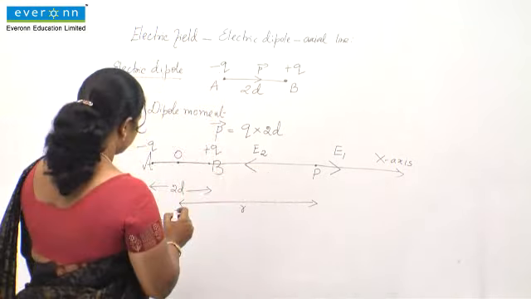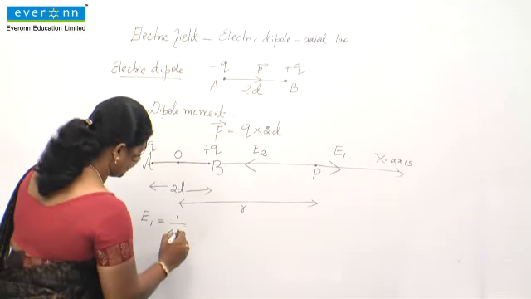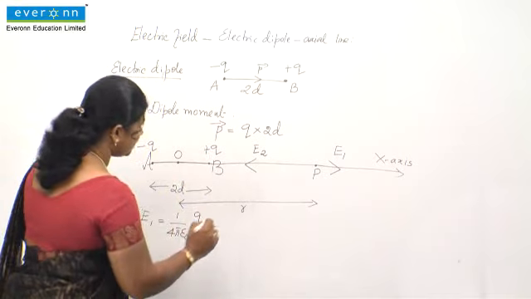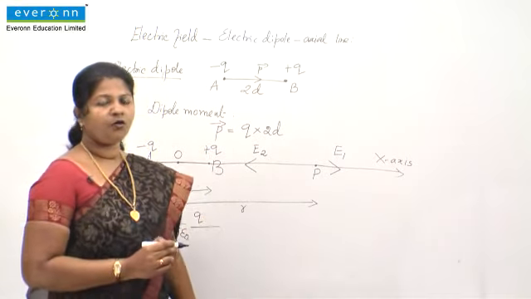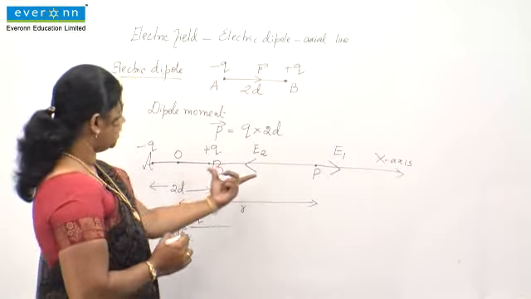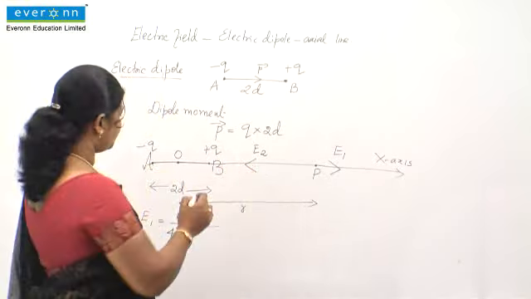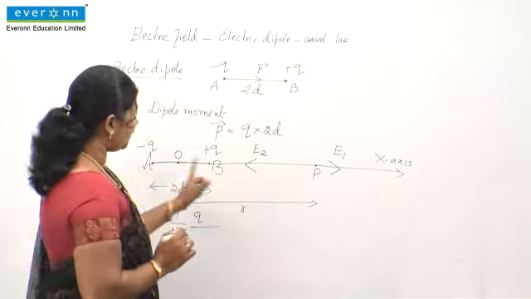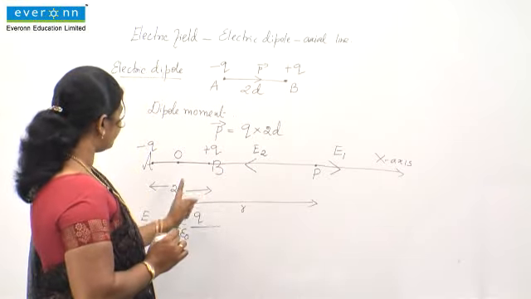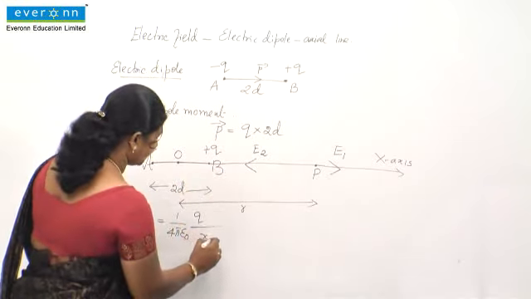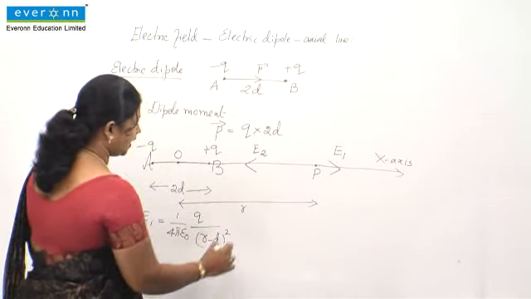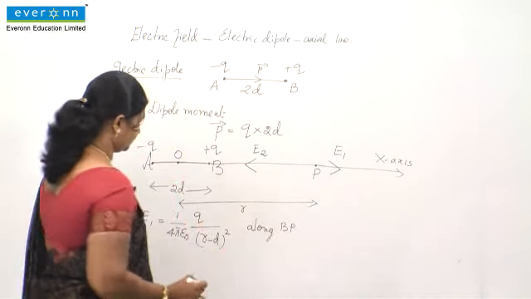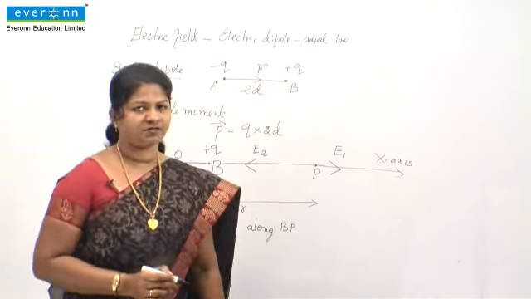In this case, E1 is equal to 1 by 4 pi epsilon naught q divided by the distance square. Along BP, the distance is OP minus OB. OP is r, and OB is d. So, it becomes q by r minus d the whole square, along the direction BP. This is E1 for the charge plus q.